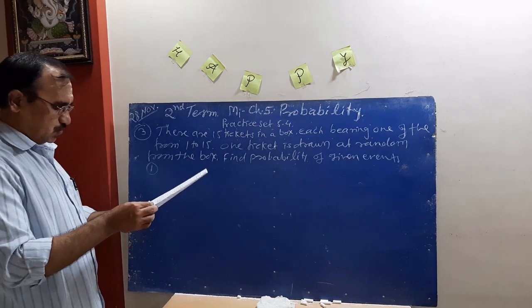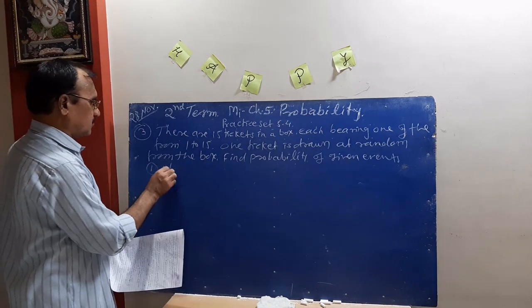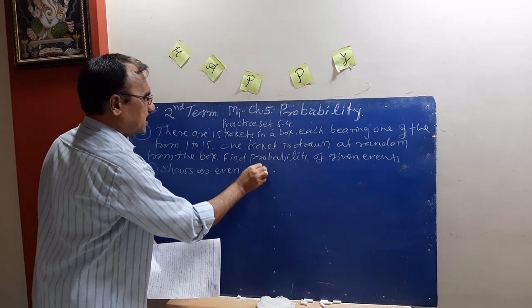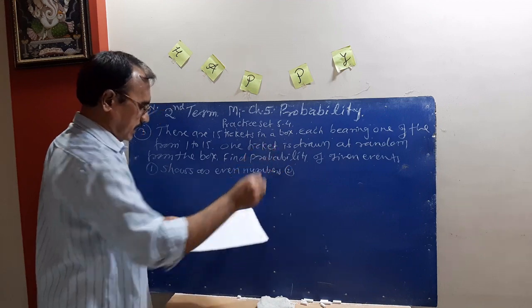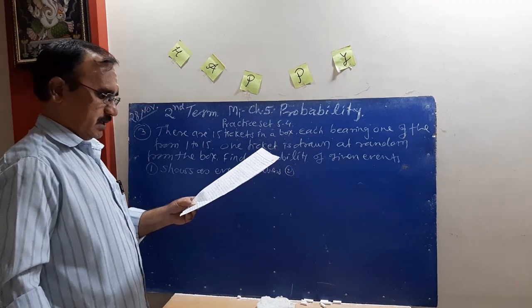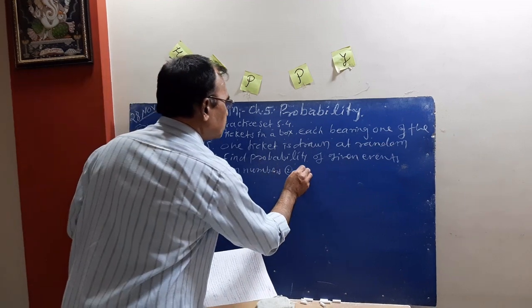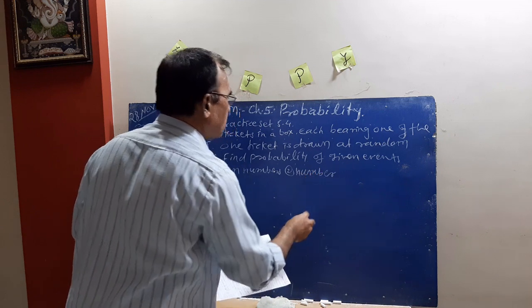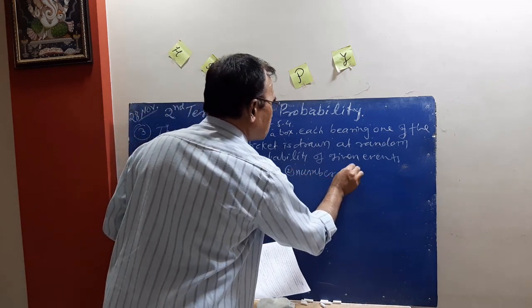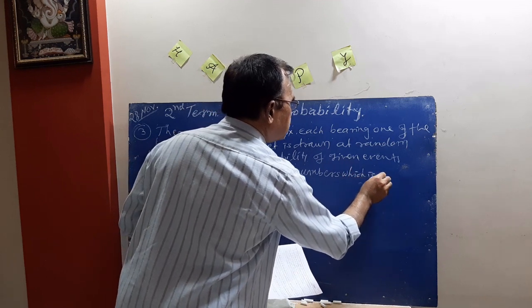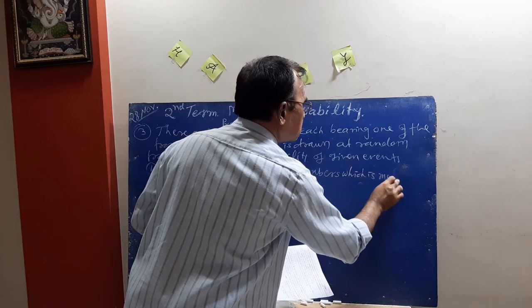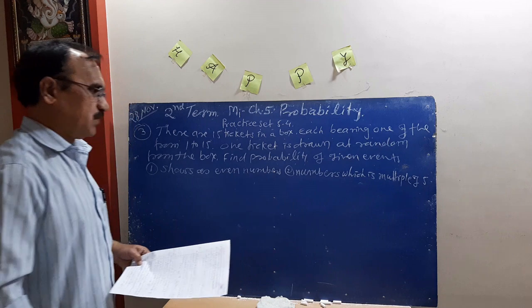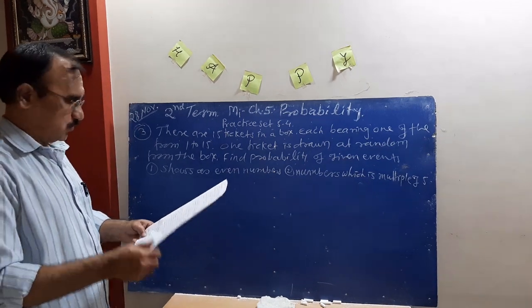Which are the events? The ticket shows an even number, and the second event is the ticket shows a number which is a multiple of 5.